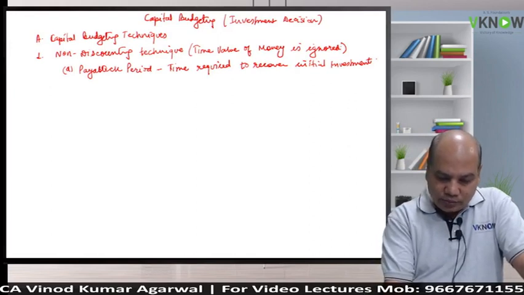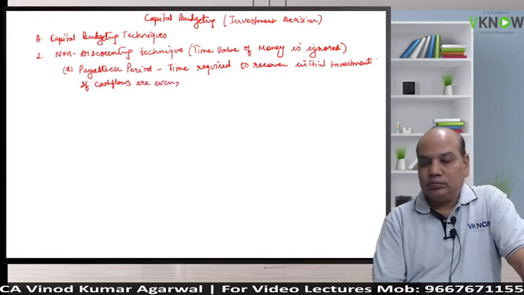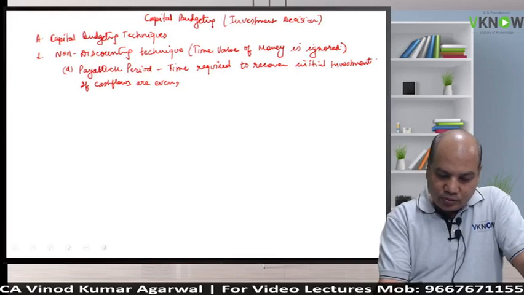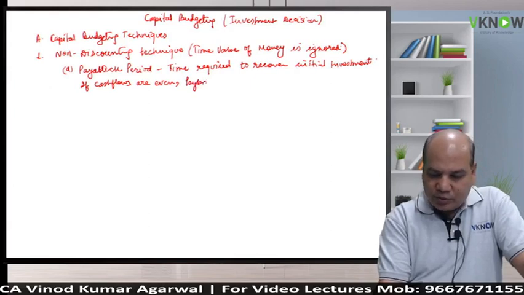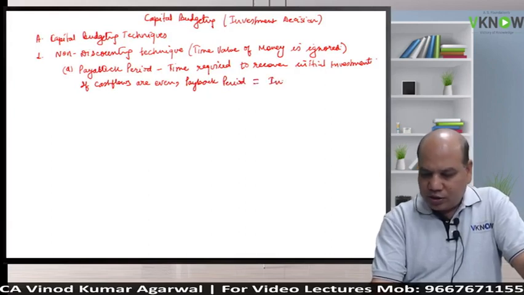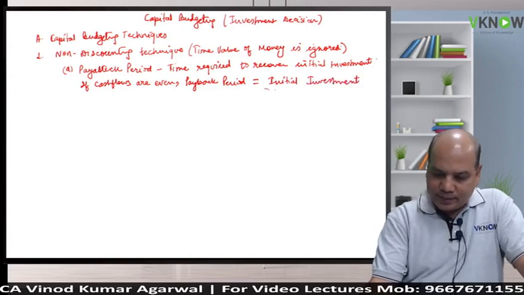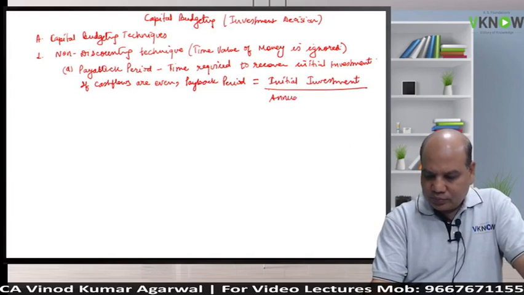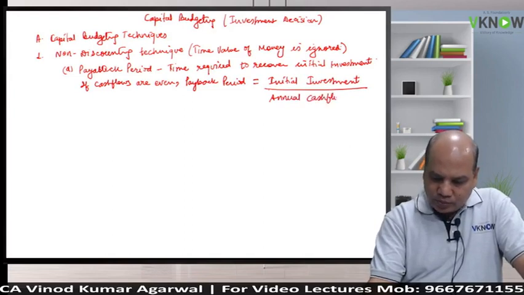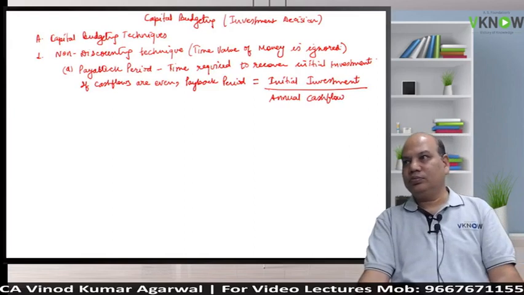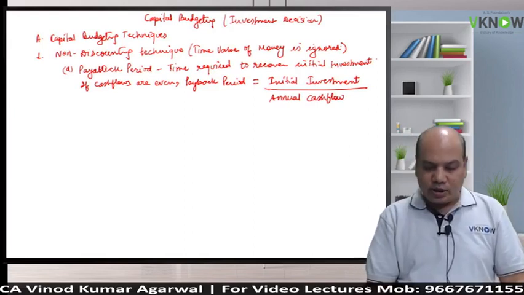Under this write down, if cash flows are even, cash flows are even means same in all the year, then payback period will be equal to initial investment divided by annual cash flow.